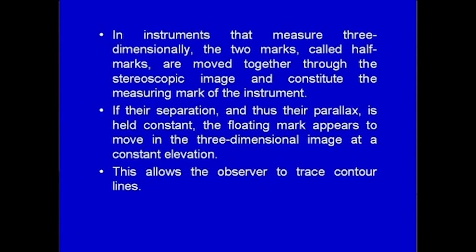If their separation, and thus their parallax, is held constant, the floating mark appears to move in the three-dimensional image at a constant elevation. This allows the observer to trace contour lines.